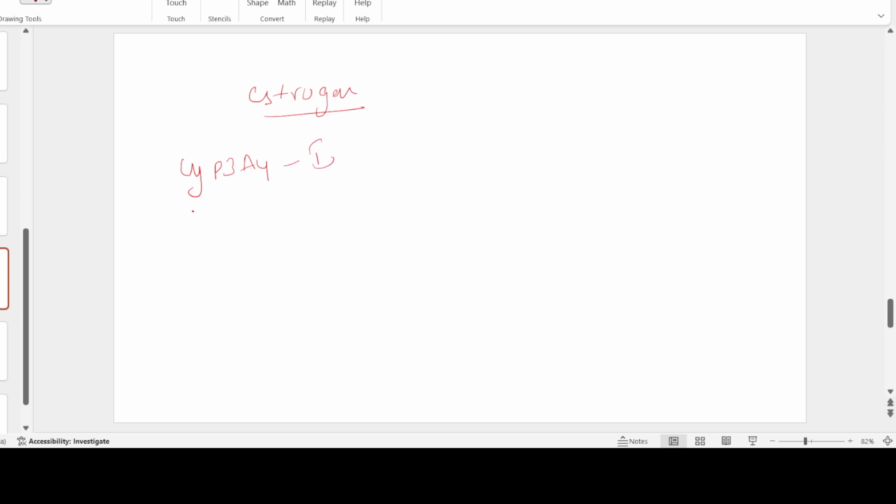In phase 2, with the help of glucuronide, glucuronidation, that is phase 2. Now, what happens here?